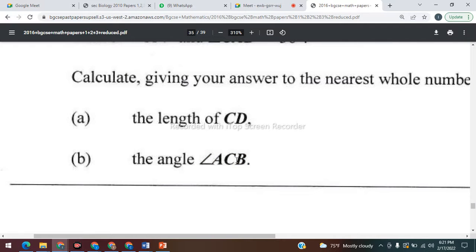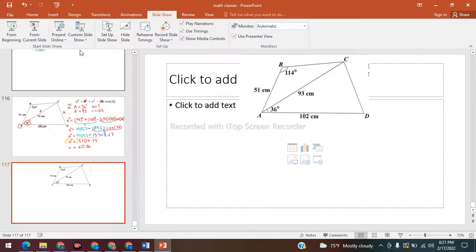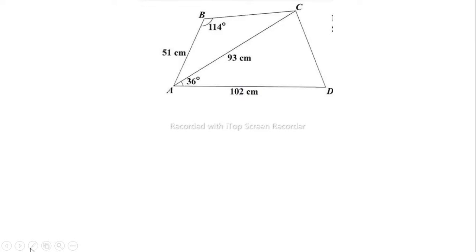They say ACB, so they're talking about triangle ACB. Those 3 letters identify which triangle we're using. We're using triangle ACB, not triangle ACD.